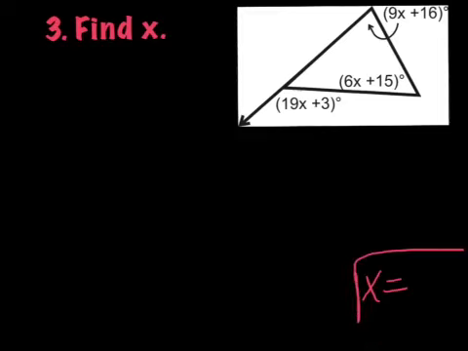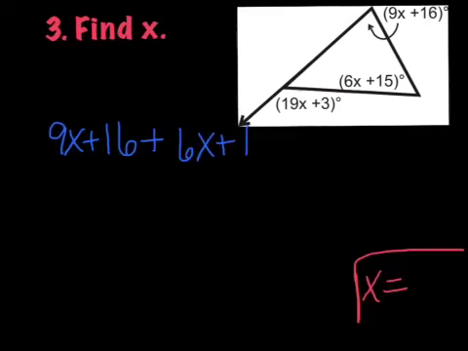Now we're just going to set up an equation with this angle plus this angle equaling this angle. So we know that 9x plus 16 plus 6x plus 15, those two angles have to equal the exterior angle, 19x plus 3.